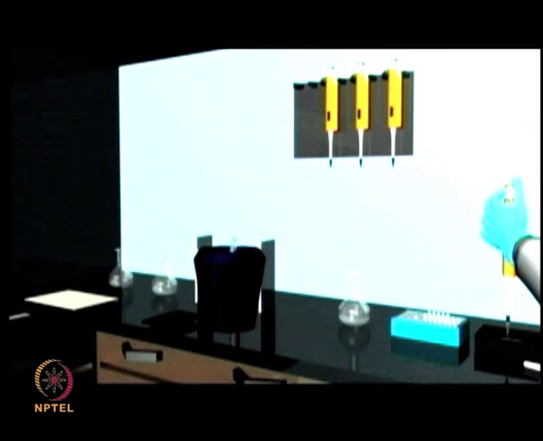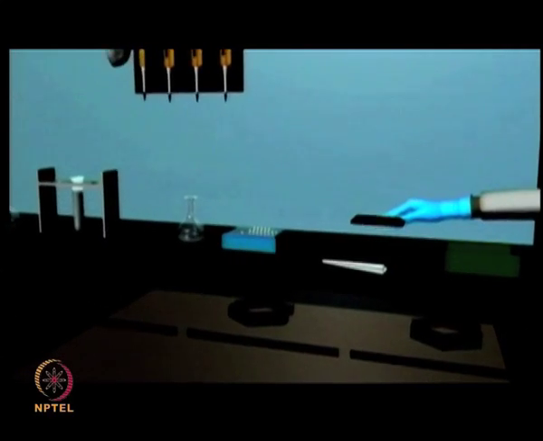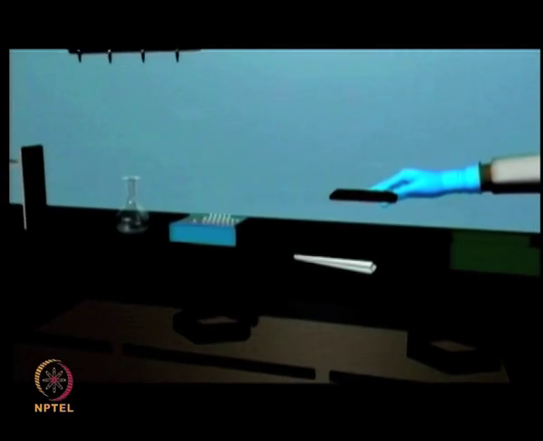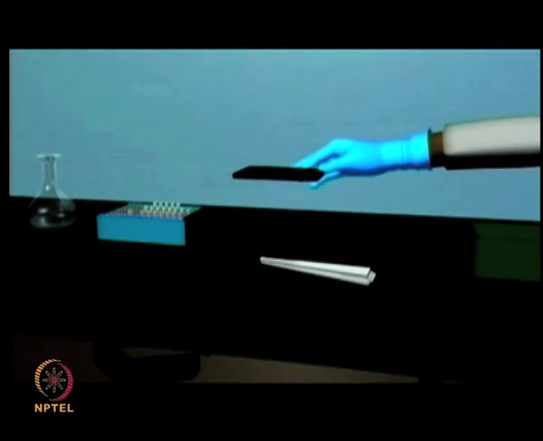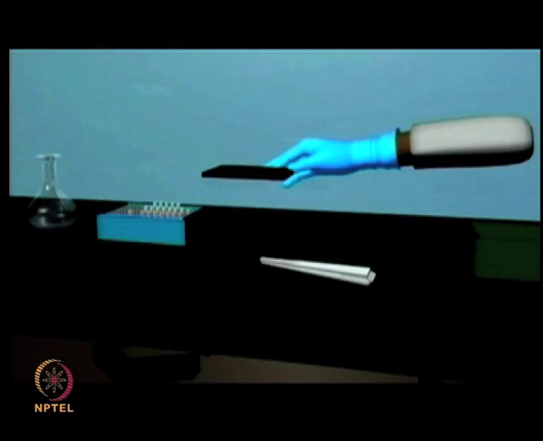After addition of the query protein, you need to cover it with the cover slip and incubate it at room temperature for an hour, or one can optimize this incubation condition depending upon their experimental requirement.